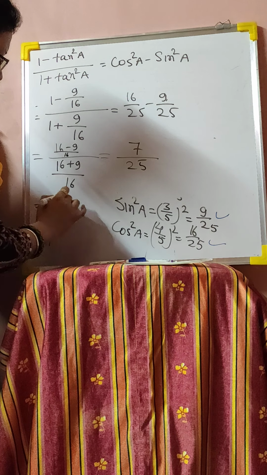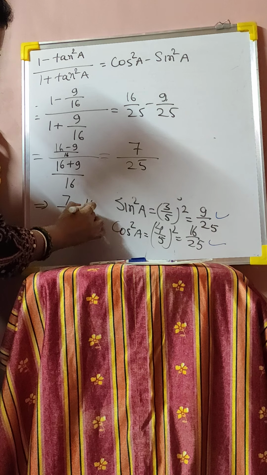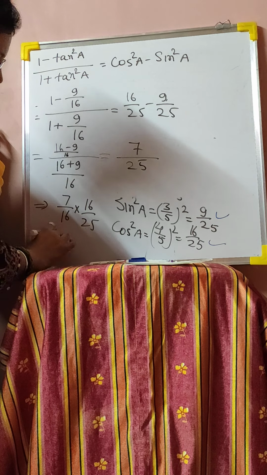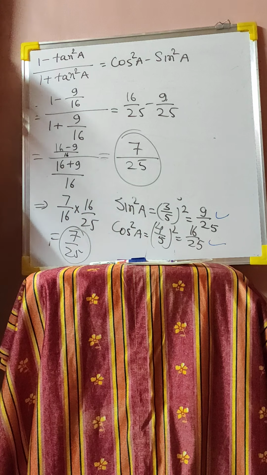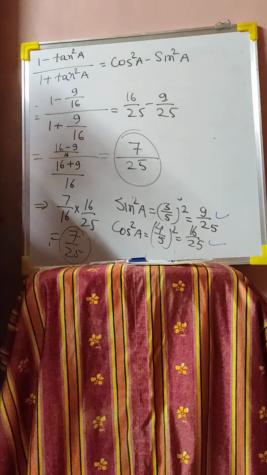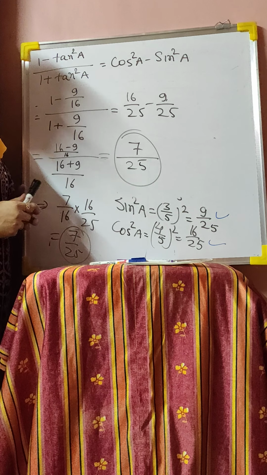And on the other side, 16 by 25 minus 9 by 25 is also 7 by 25. Now you can easily see the left hand part and right hand part are both equal. It means 1 minus tan square A by 1 plus tan square A is equal to cos square A minus sin square A.